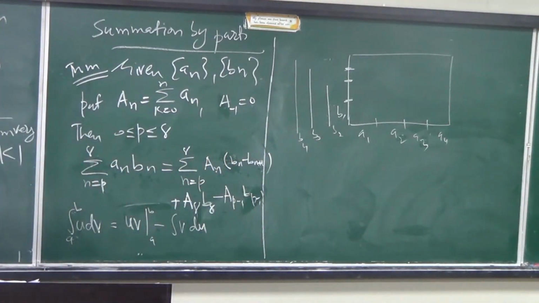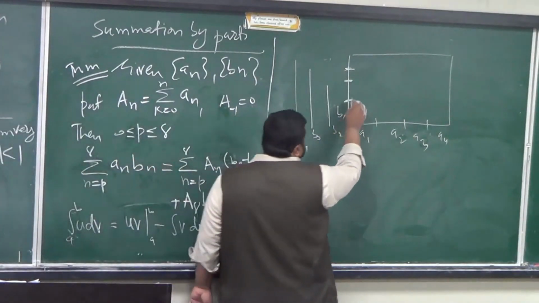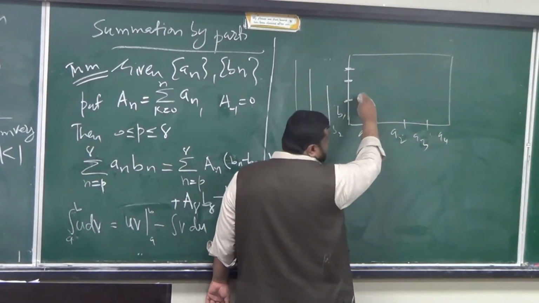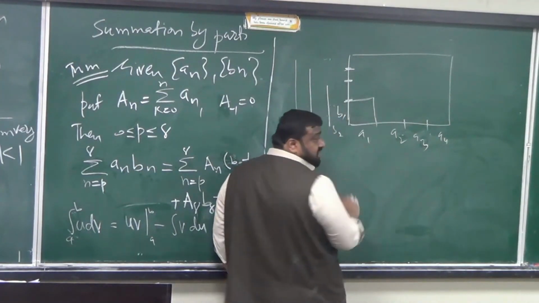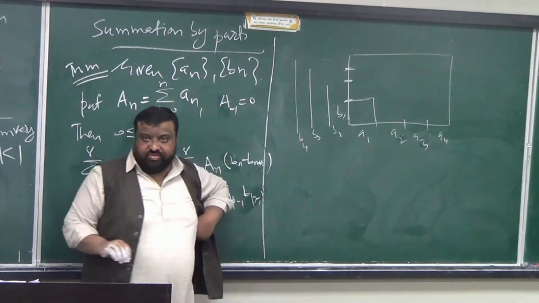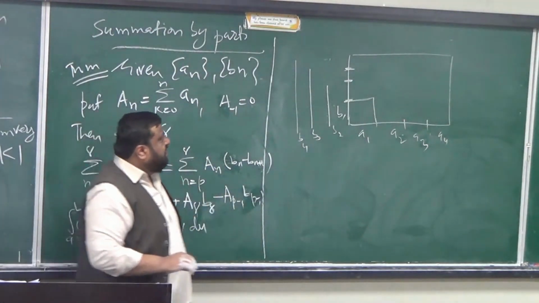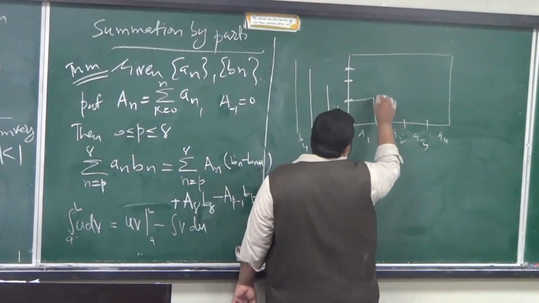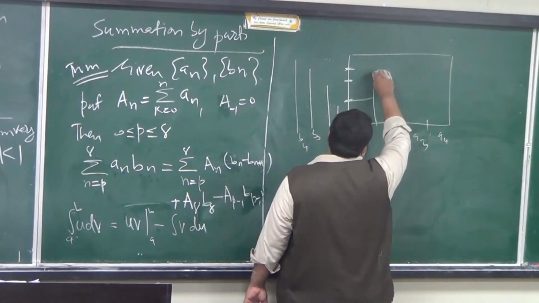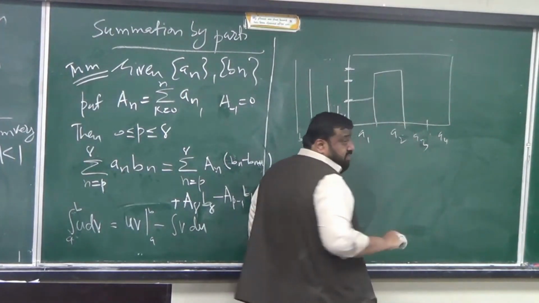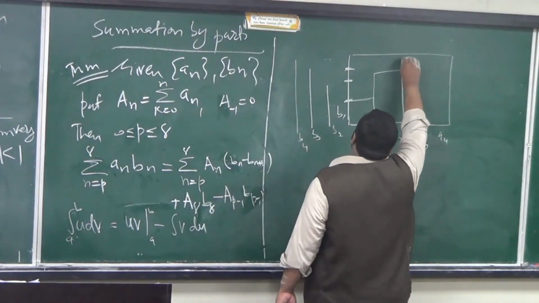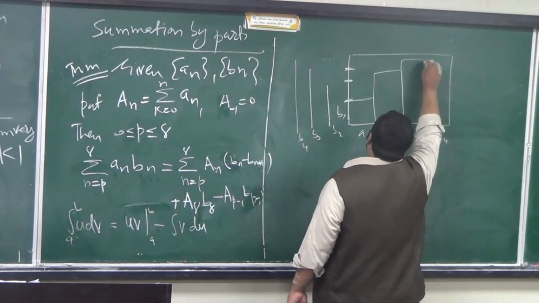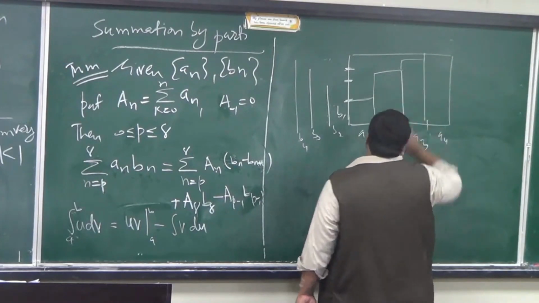So geometrically, this is telling you that if you take B1 and multiply with A1, you're going to have this area of rectangle. And if I take B2, go beyond B2 and multiply with A2, I'm going to have the area of this rectangle, and the area of this rectangle, and then the final area of this rectangle.